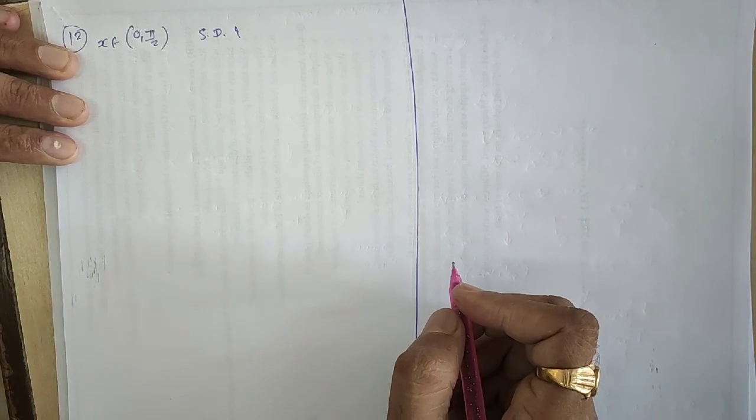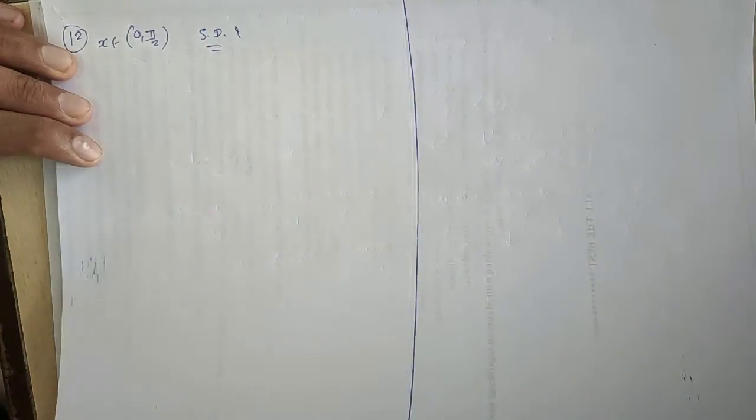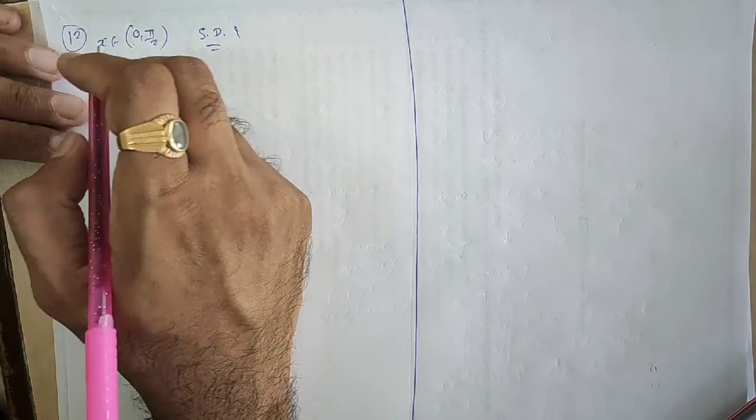So total 4 functions are given and you have to find which functions are strictly decreasing function in given interval. Given interval is 0 to pi by 2. So you have to check all 4 functions.